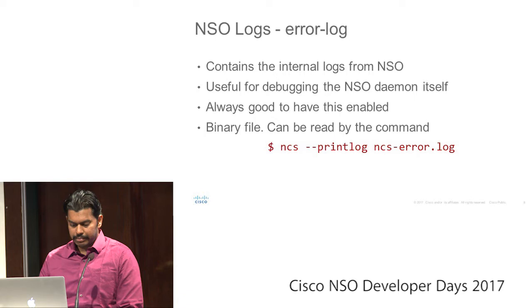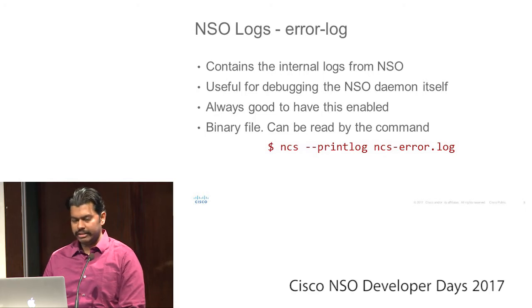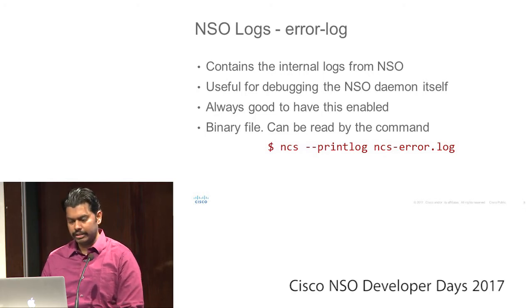The NCS man page says that it's turned off by default, but it's always good to have it enabled. And you can always limit the size taken by the error log. It's a wrap log file, so you can specify the maximum size that the error log takes.